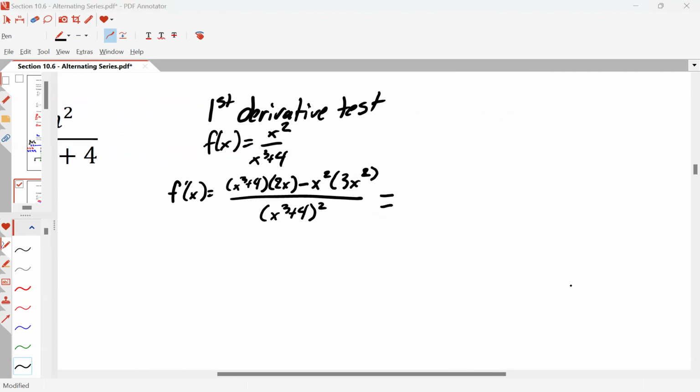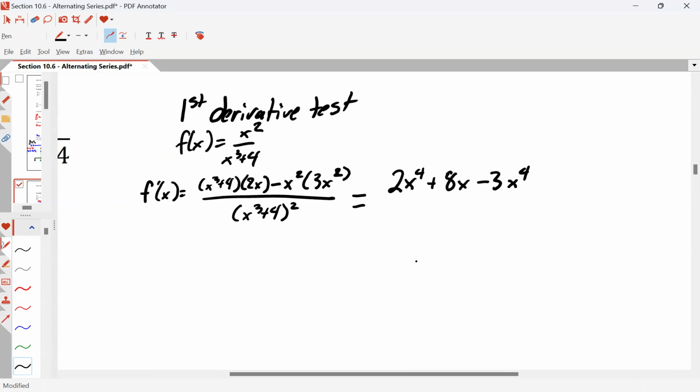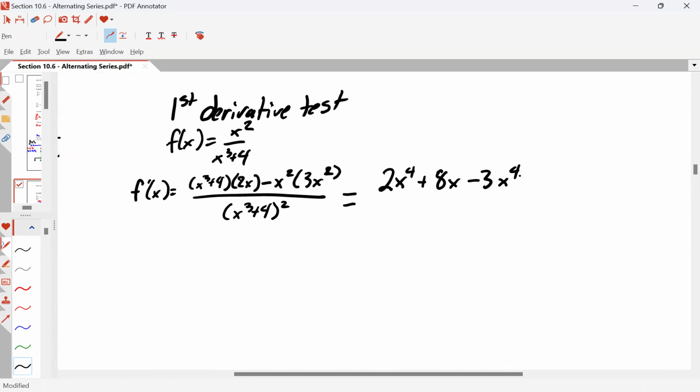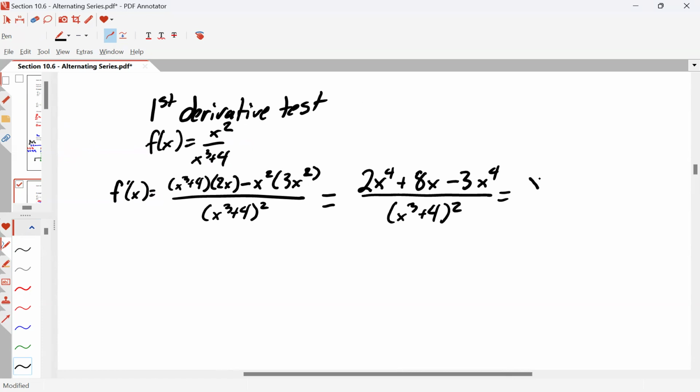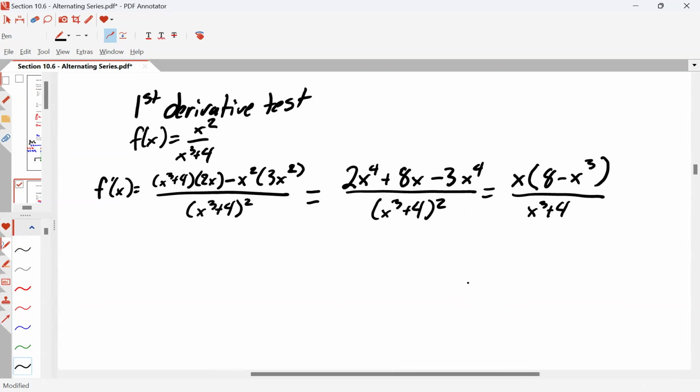When you multiply everything out, this becomes 2x to the 4th plus 8x minus 3x to the 4th, all over (x cubed plus 4) squared, which is also x times (8 minus x cubed), all over (x cubed plus 4) squared. X cubed plus 4 is never 0.